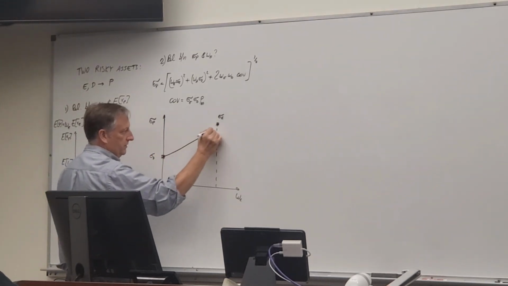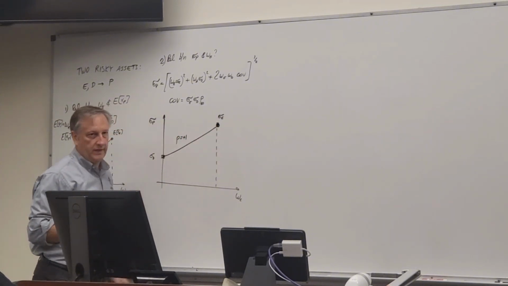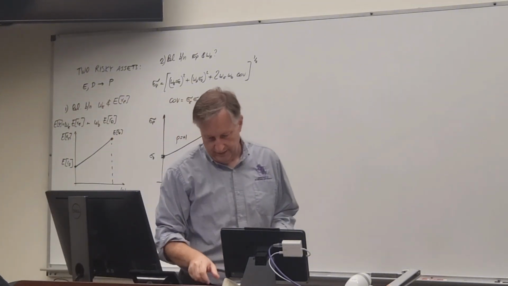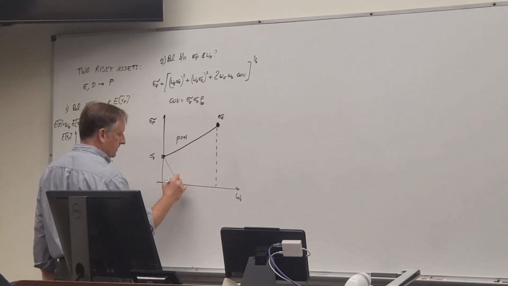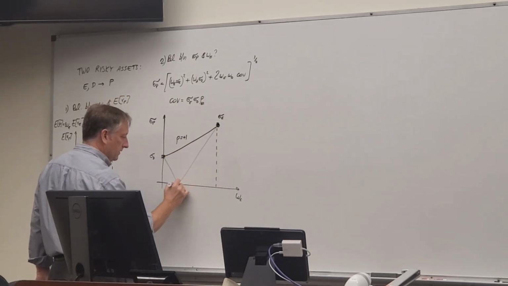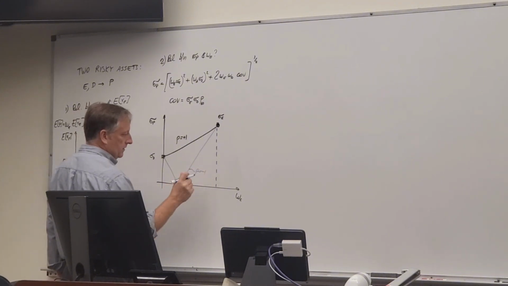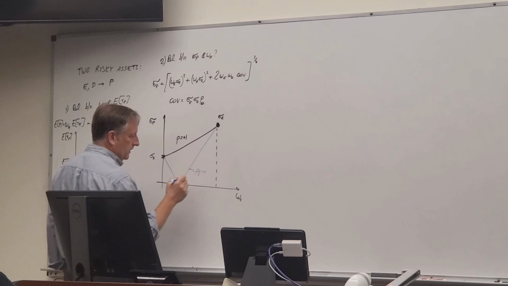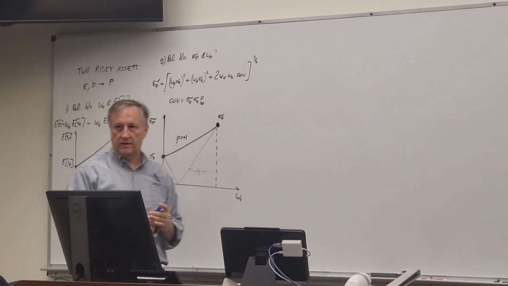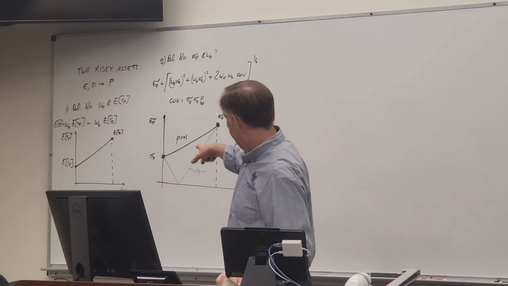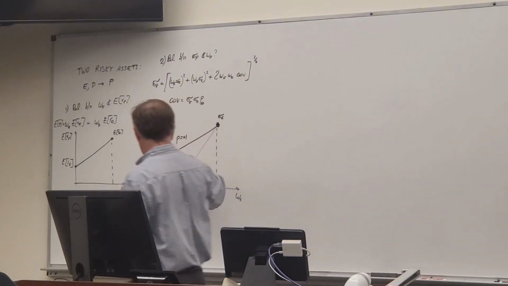If correlation is positive 1, you get that. If correlation is negative 1, you get that. And if correlation is anywhere between, you get something that starts from the beginning point, ends at the end, but is always below this one.